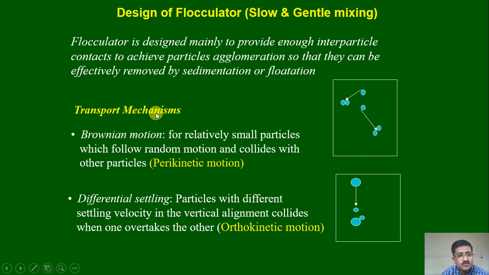Now two points are important in the transport mechanism. Brownian motion for relatively small particles, which follow random motion and collide with other particles, is perikinetic motion, as we have studied earlier. Differential settling: particles with different settling velocities in the vertical alignment collide when one overtakes the other, which is orthokinetic motion.